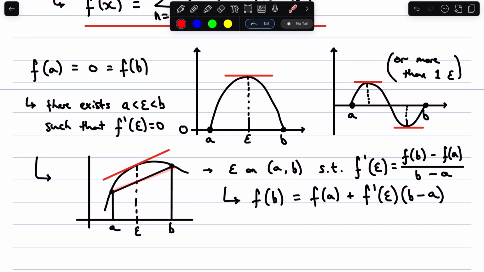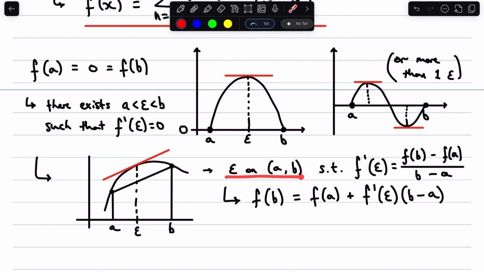So this is our chord from our points f of a to f of b, and between there you can see these gradients are going to be changing and changing until we get to our epsilon point, which has the same gradient as the chord between a and b, and then we'll have changing gradients again. And like I said before, this again could be any sort of function. We had one there and one here that time, and I think one down there. So you can have multiple epsilons, but let's just take this simple example of just some curve.